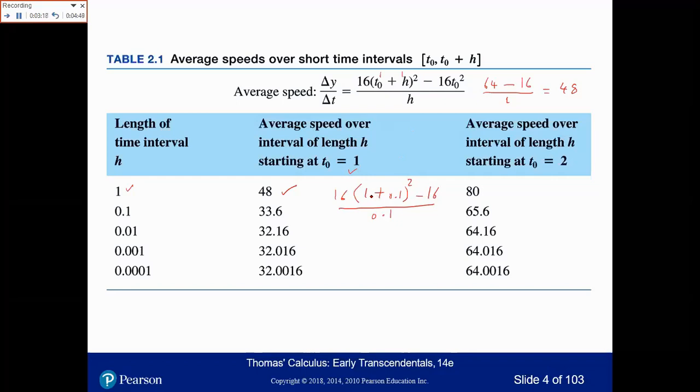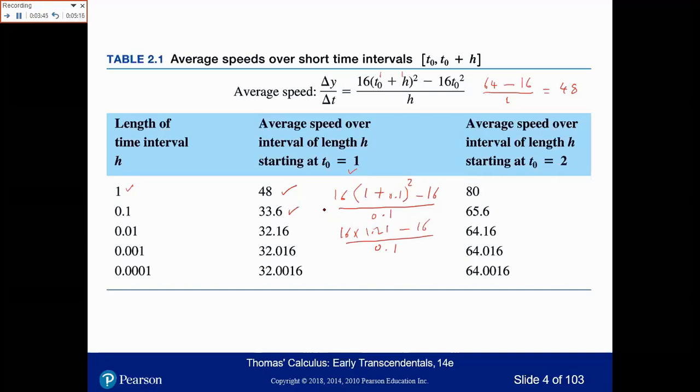If you do the math, you have 1.1, and 1.1 squared is equal to 1.21. So you do 16 times 1.21, minus 16, over 0.1, and that will give you 33.6.